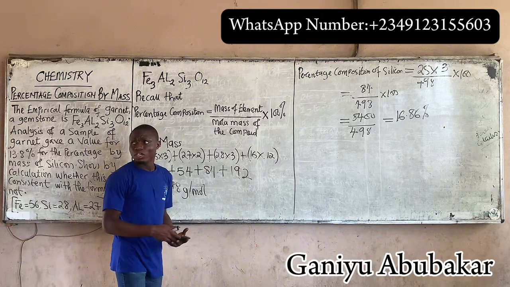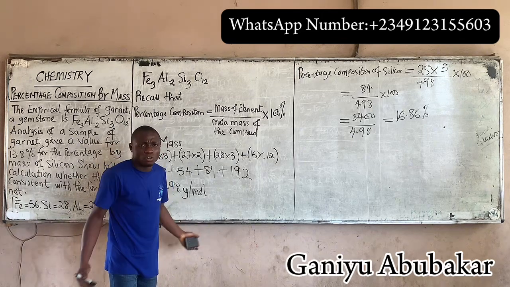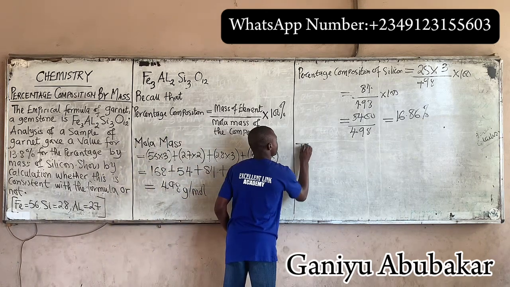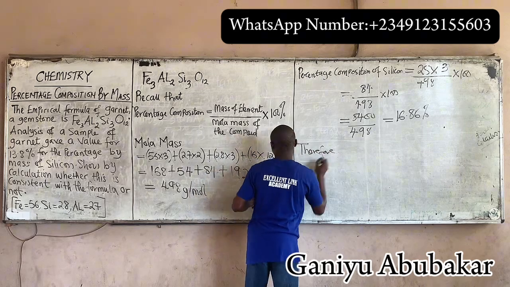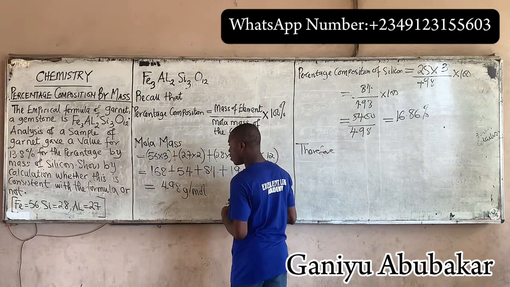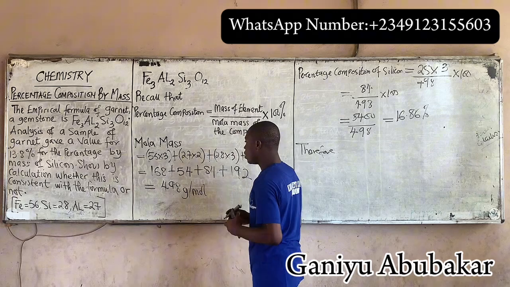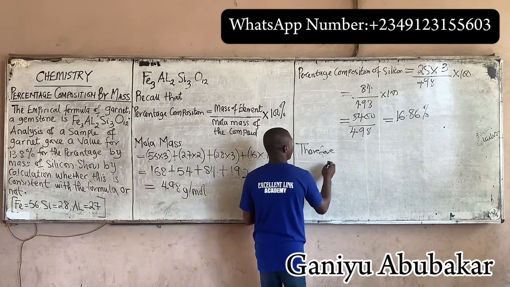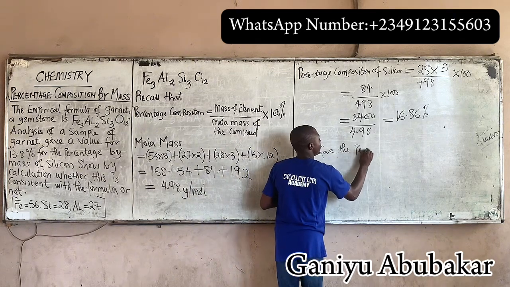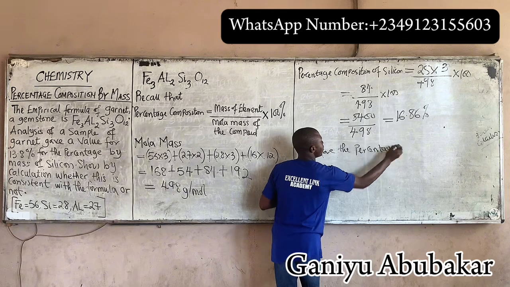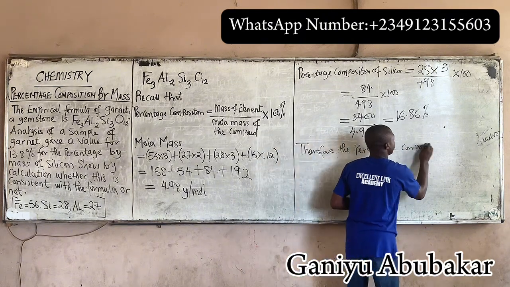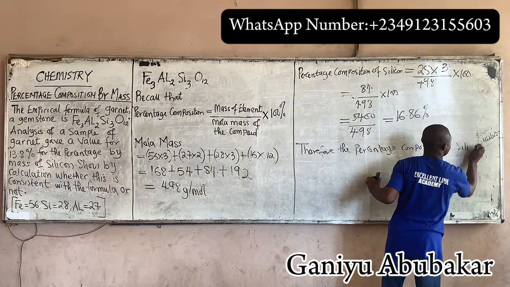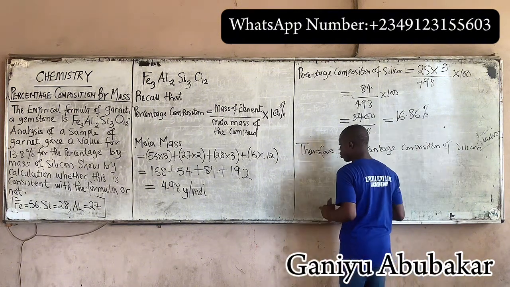Therefore it is not consistent. So the percentage composition of silicon is not consistent.